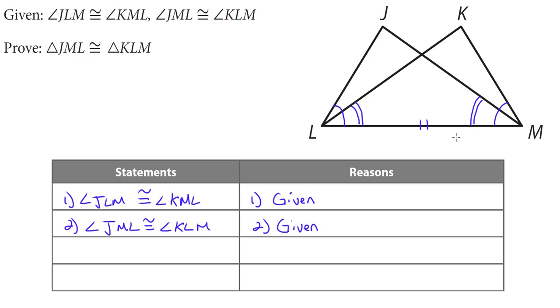All we need is a side in between, and we've already seen in the diagram that it's the same side, LM. So we know that side LM is congruent to itself. And we know that that is the reflexive property of congruence.